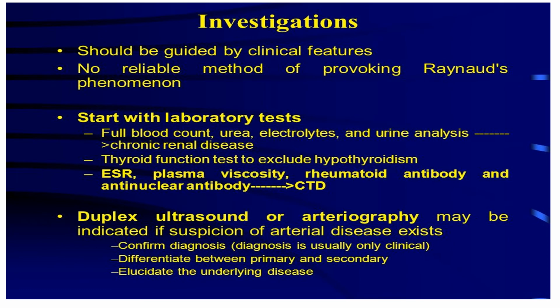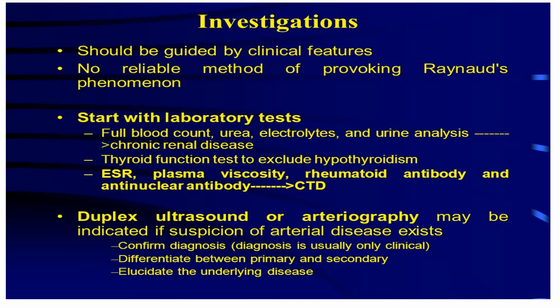Regarding investigations, most of the time, Raynaud's phenomenon is diagnosed clinically, but sometimes we have to do a full blood count and organ function tests to rule out diseases such as chronic renal disease, and we also have to rule out other connective tissue diseases by doing ESR, plasma viscosity, rheumatoid antibody, and antinuclear antibody, and rule out hypothyroidism by doing a thyroid function test.